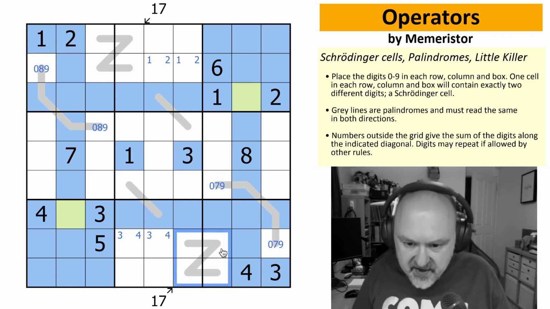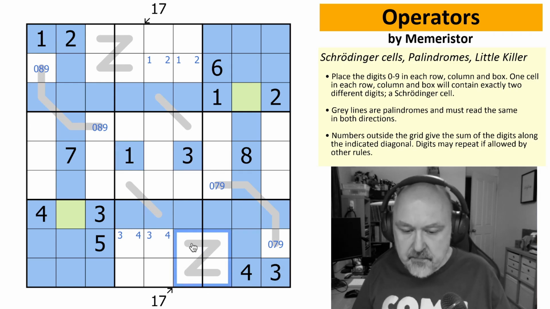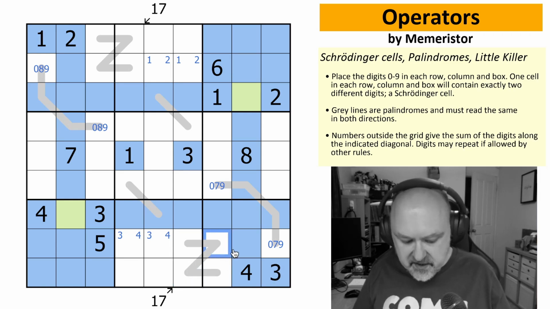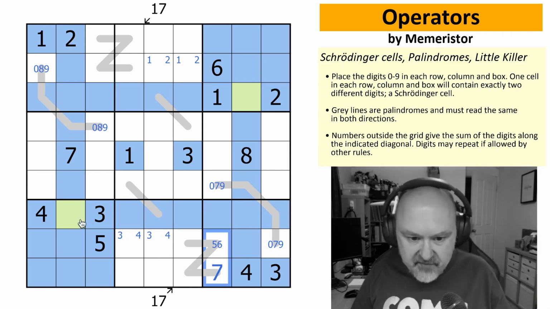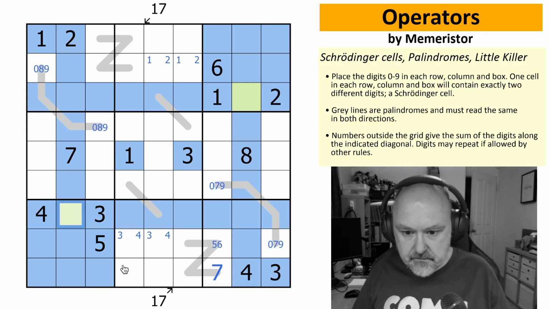We now know that these can't be Schrödinger cells, because if we put a Schrödinger cell on this palindrome, say this was a Schrödinger cell and this was a 5-6. If this was a 5-6 and this was a 7, we would then have to put 5, 6 and 7 in that box.